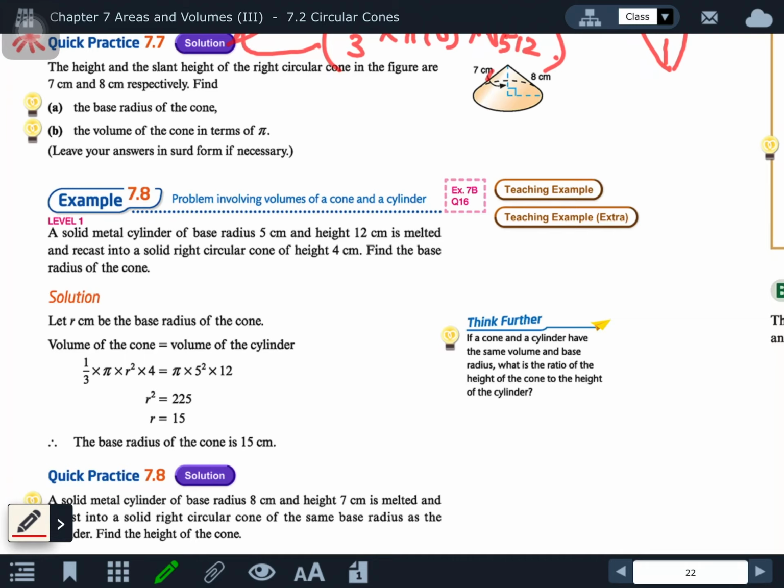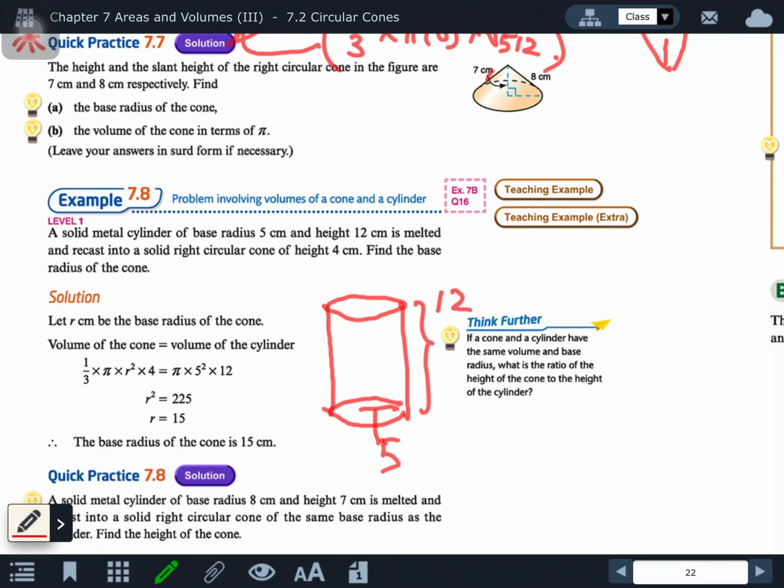Now we have to do some application questions. You can see first, I have a cylinder with a base radius of 5 cm and height of 12 cm.